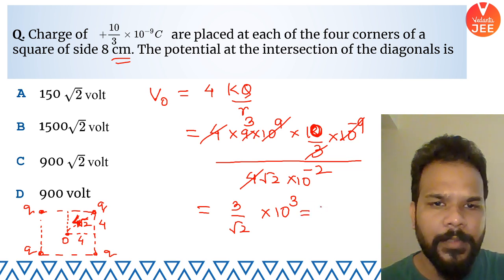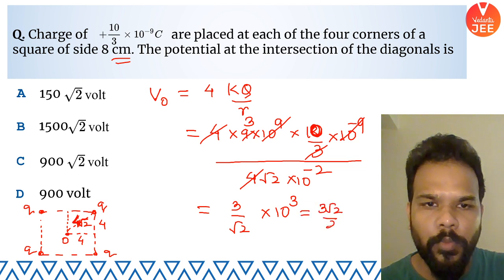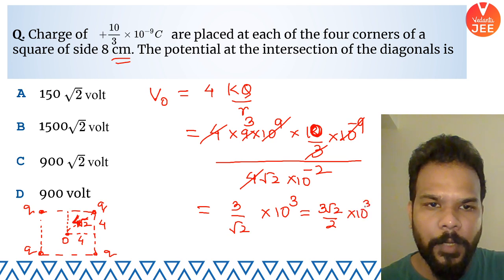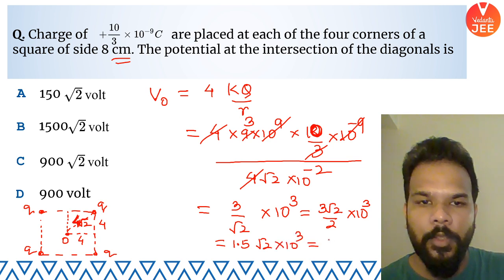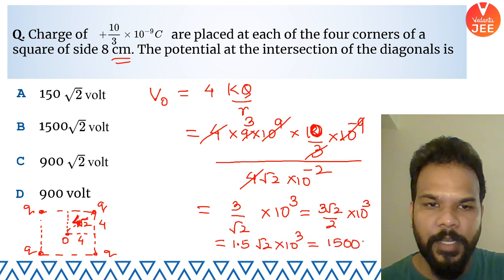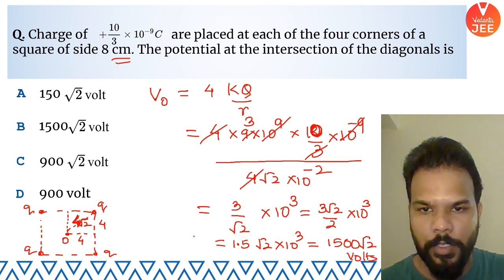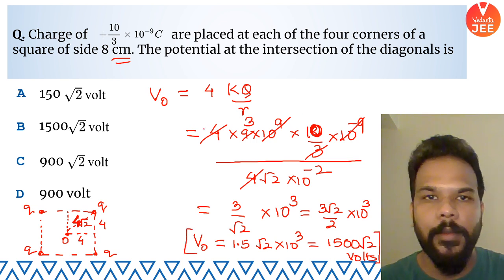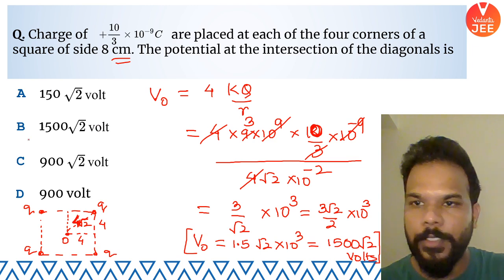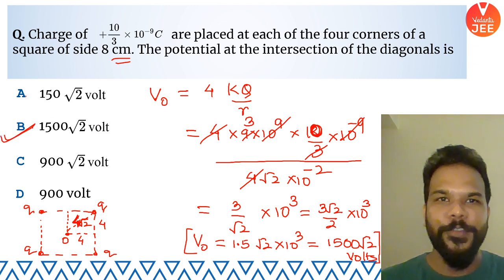If I rationalize, I have 3 root 2 by 2 into 10 to the power 3, which looks like 1.5 root 2 into 10 to the power 3, or in other words, it is 1500 root 2 volts. That is the potential of the center of this imaginary square. Okay, guys, means the correct answer is option B.